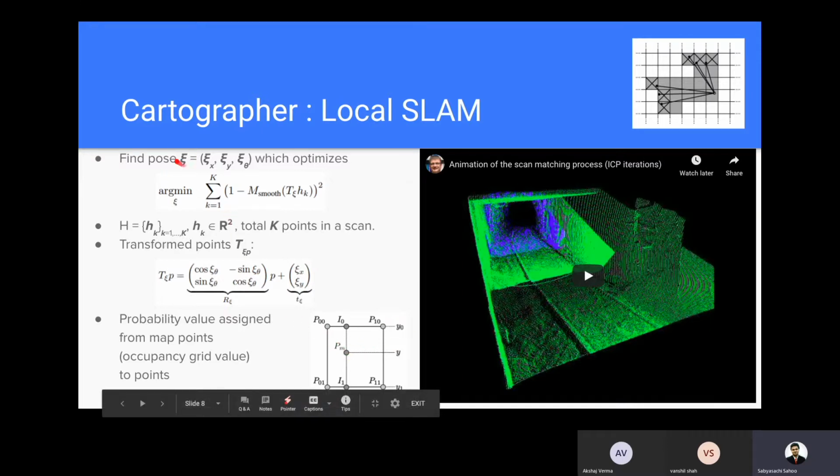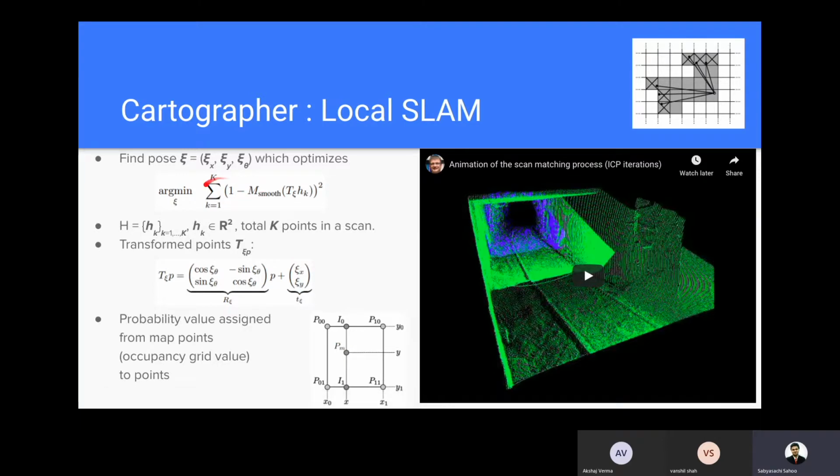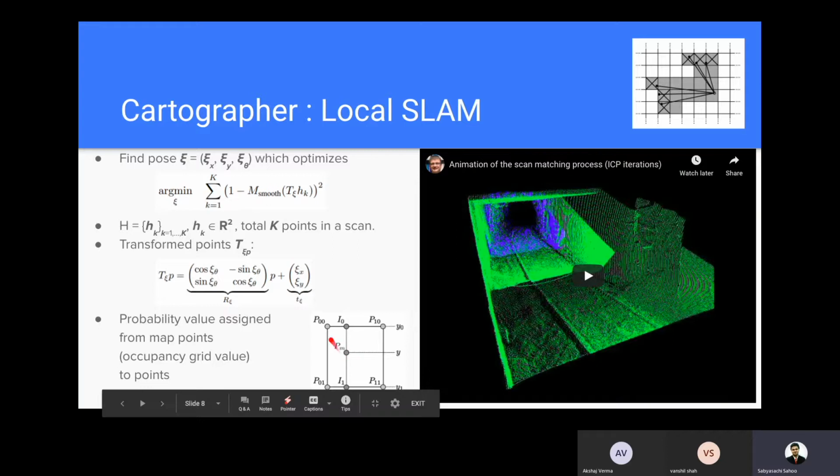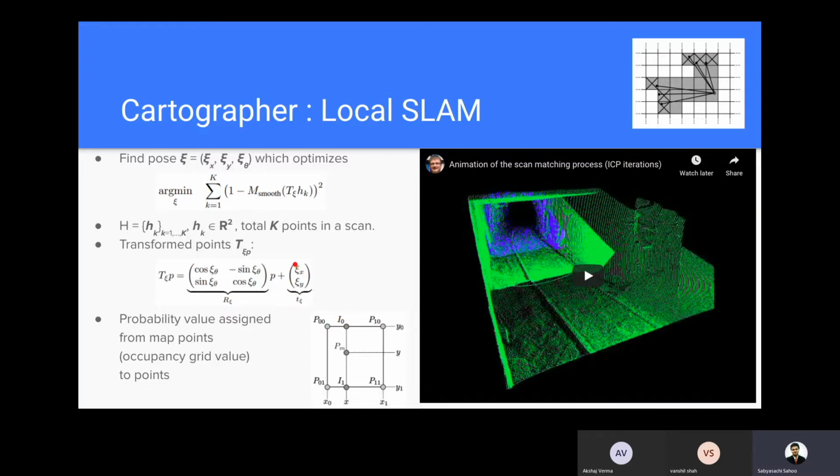So we would like to find this kind of pose estimate. Solving this cost function for epsilon gives us a value that best aligns the next scan points with the previous map points or previous scan points with high probability.